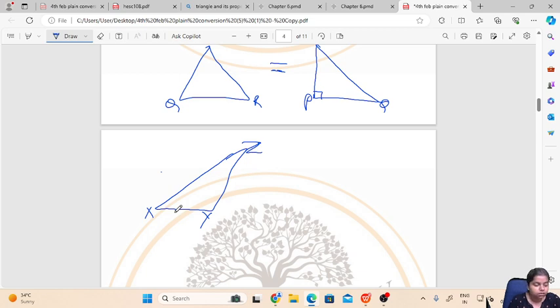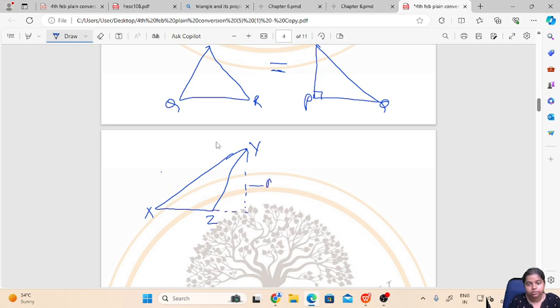YL, they have told us to draw the altitude YL. So this should be Y and this should be Z. So from Y we have to draw the altitude exteriorly.